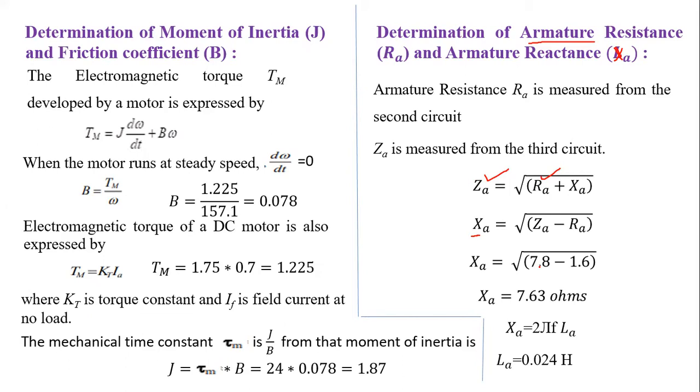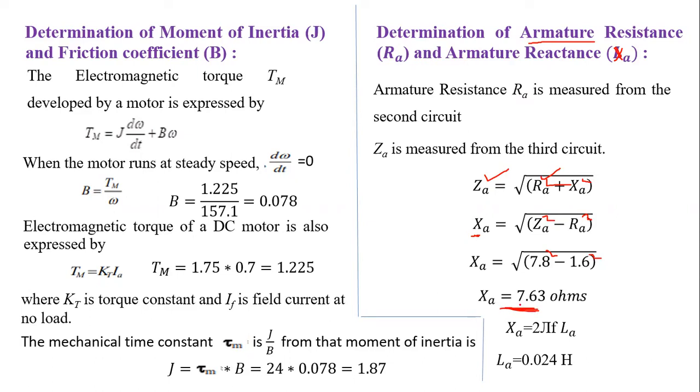ZA is around 7.8 ohms and RA is 1.6 ohm. From this, ZA equals the square root of RA square plus XA square, so XA is equal to the square root of ZA square minus RA square. Substituting, the square root of 7.8 square minus 1.6 square, we get XA as 7.63.